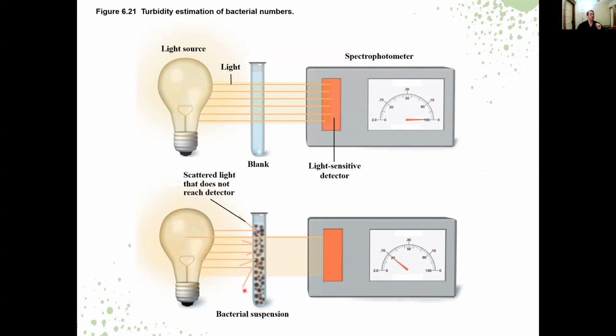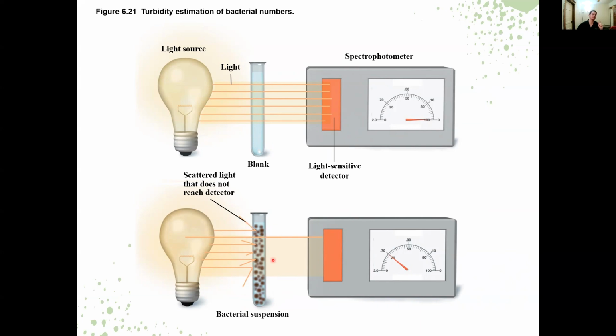spectrophotometer. Now, if there's a lot of organisms in here, what's going to happen? The number of bacteria will decrease the amount of light that's transmitted to the spectrophotometer. Now there's only one line, so the intensity of the light will decrease with a greater number of organisms, resulting in less light being transmitted.